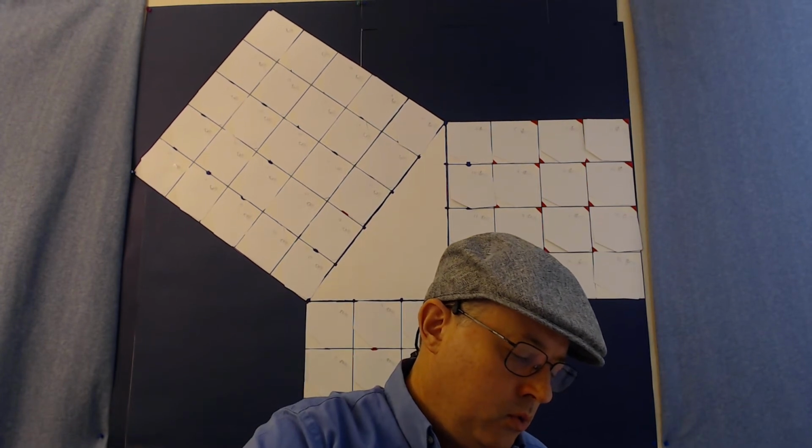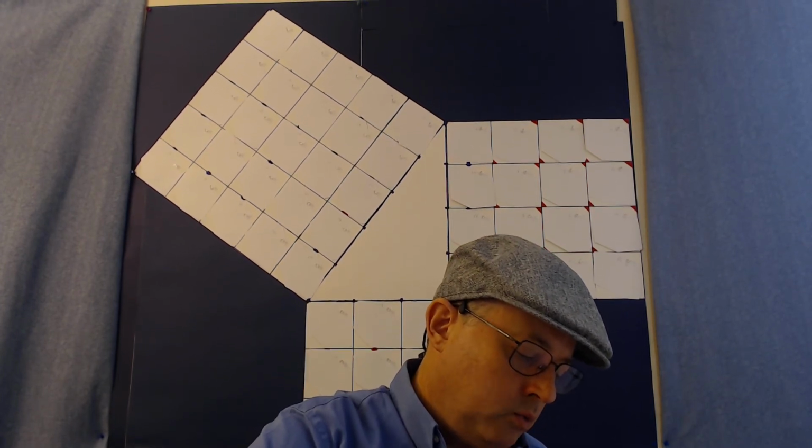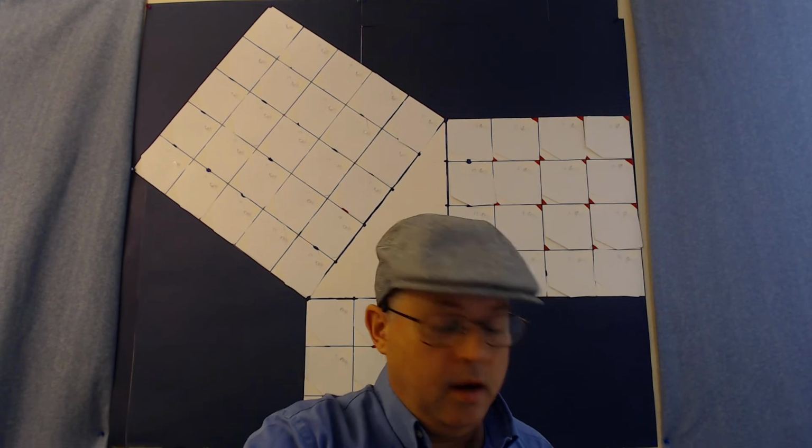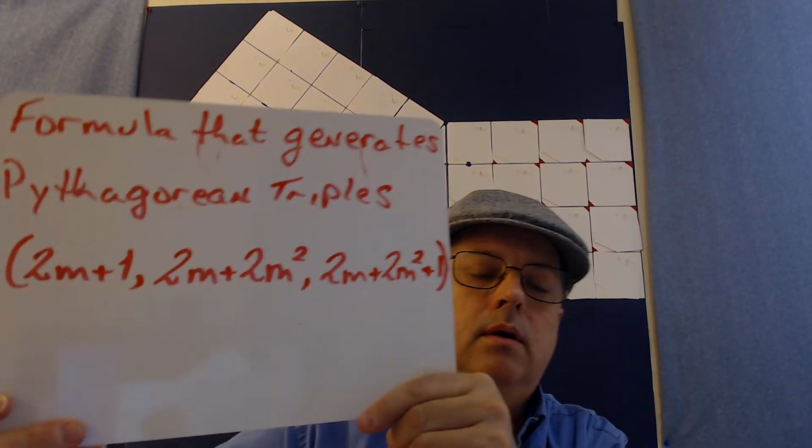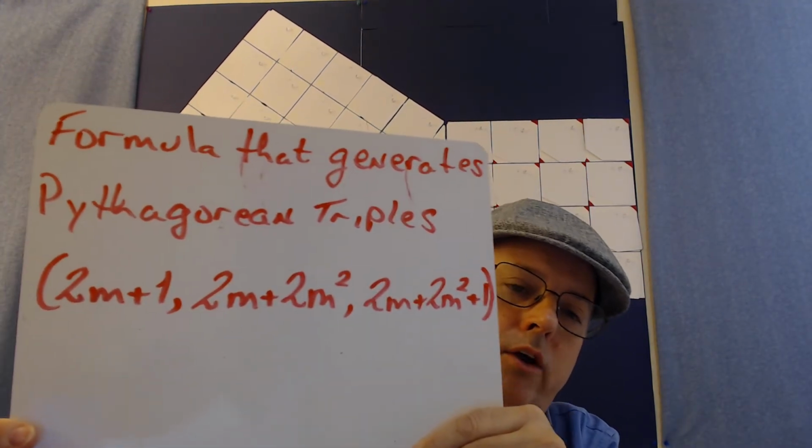And that's 2m plus 1, and then 2m plus 2m squared, and then 2m plus 2m squared plus 1. That's our formula that generates Pythagorean triples.